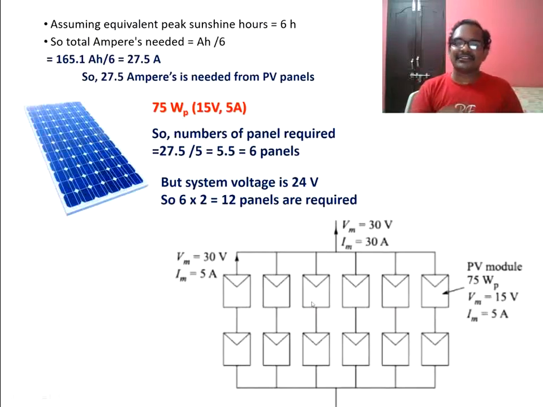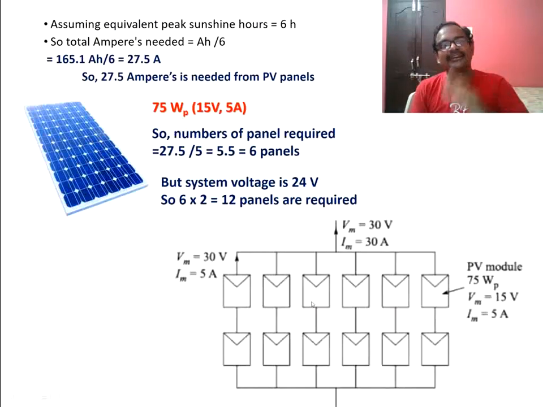So 165.1 ampere hours divided by 6 hours, since the solar panel supplies energy for 6 hours, gives the per hour requirement, which is 27.5 amperes. So 27.5 amperes is needed from the solar panels.